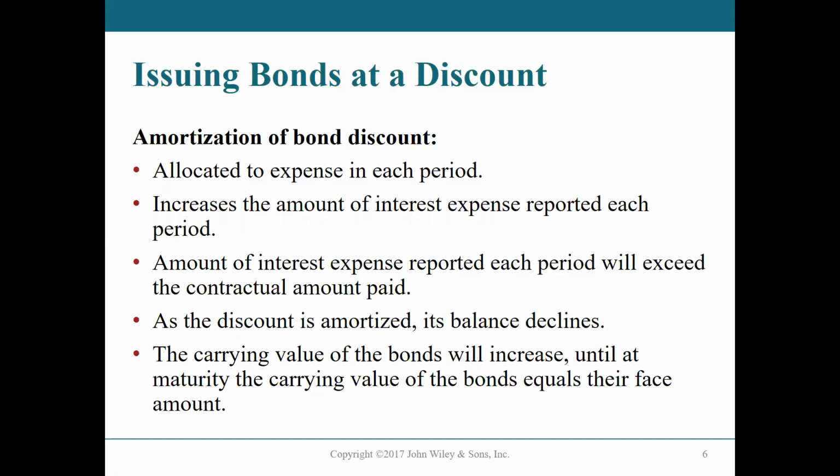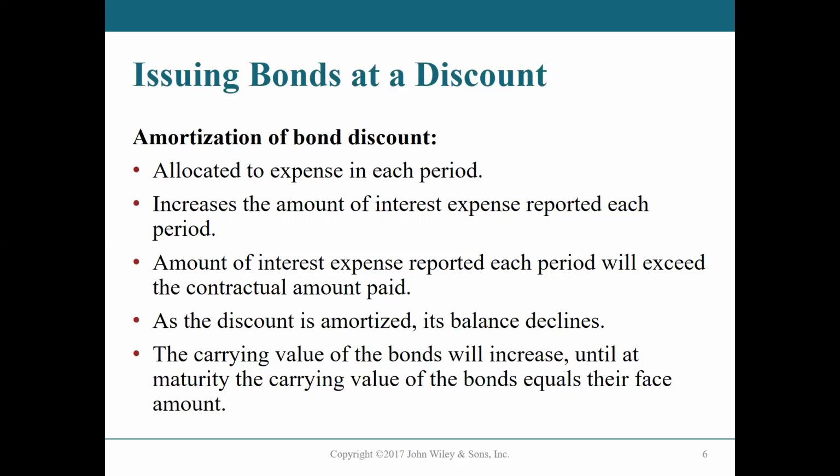So what we have to do then is amortize the bond discount. Amortize is a fancy word that pretty much means the same thing as depreciation. It means spreading it out over the life of the bond. We always do this in a straight line. We take the amount of discount and divide it by the number of periods.